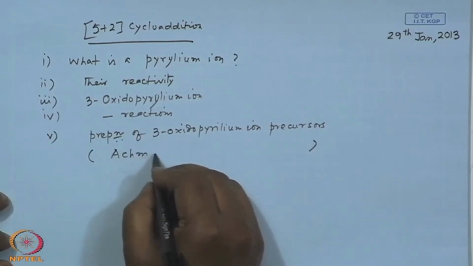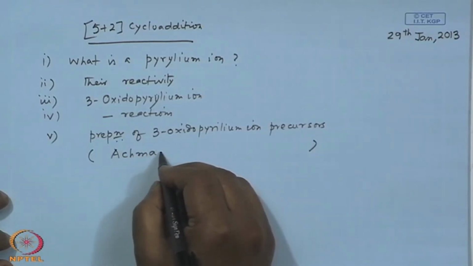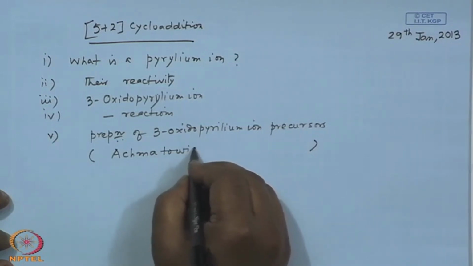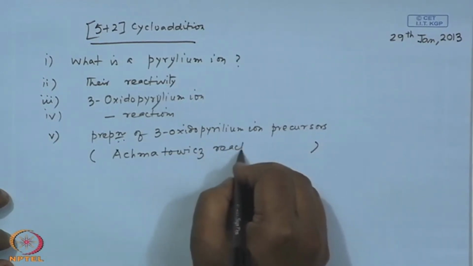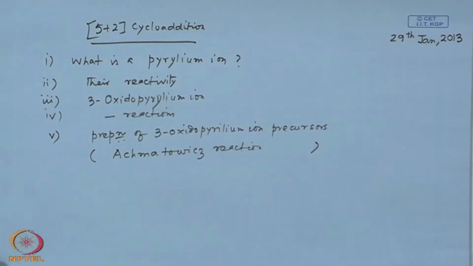Many of you probably do not know, this is known as the Achmatowicz reaction. It is a very useful and very simple reaction. So one can do it in undergraduate labs.